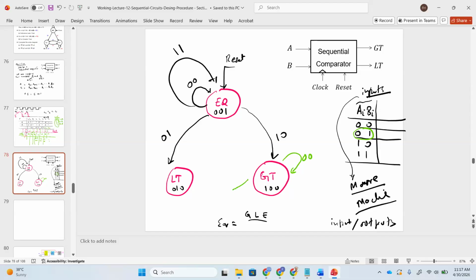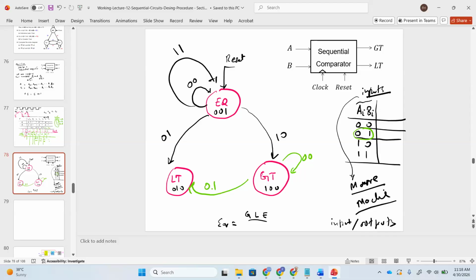Yes, it will go to less than 0 1, because now we are considering the MSB side. So the MSB of B is 1. Remember, if the MSB is 1, it will ignore all of the previous state. Got it or not got it? Any question? Clear? Because the weight of the MSB is greater than the sum of all of the weights of the LSB side, considering binary numbers. Remember? Okay. Now let's assume I'm in the GT state, and this is 1 0. Where should I go?